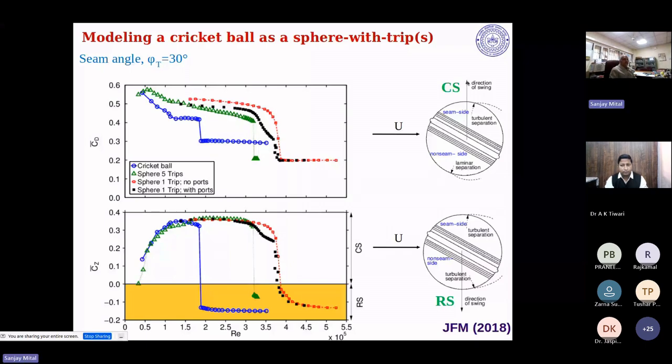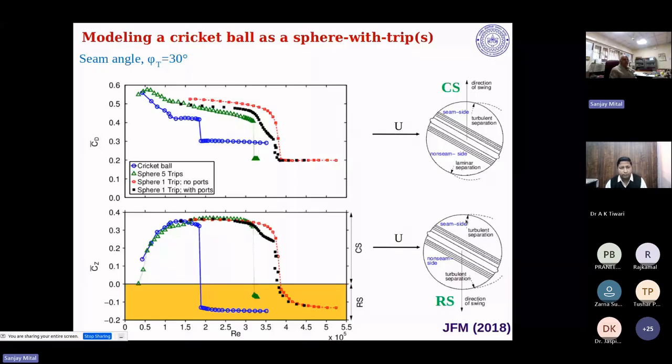As you increase the speed, it turns out that even for a smooth side, the boundary layer is going to become turbulent. If your speed is large enough, the boundary layer is now turbulent here. But on the seam side, because the boundary layer is affected by the seam, the turbulence is a forced turbulence.